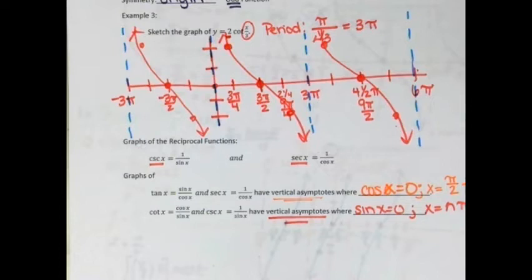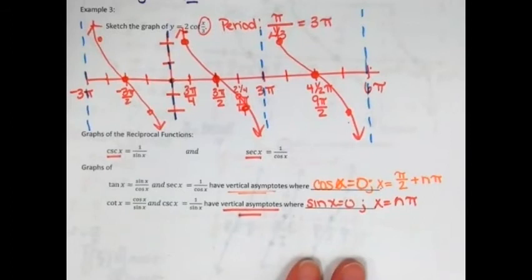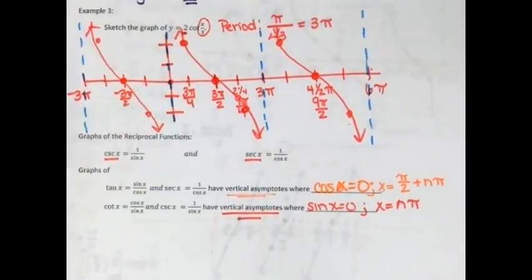Now, honestly, when we're doing secant and cosecant, I graph the sine curves first, and then I graph the secants and cosecants.